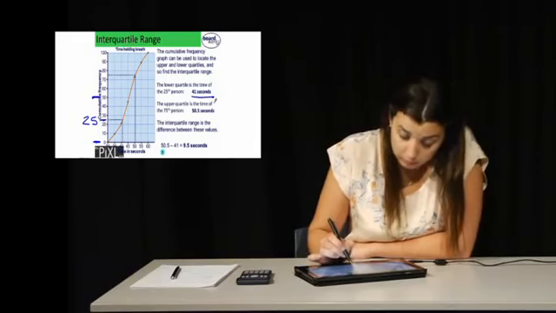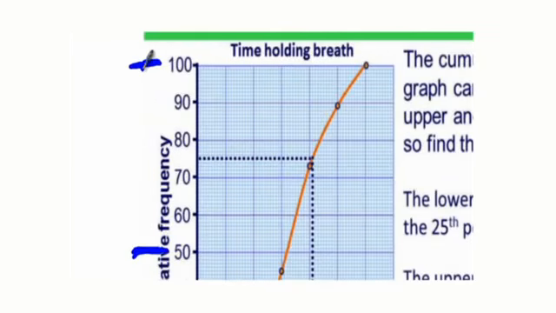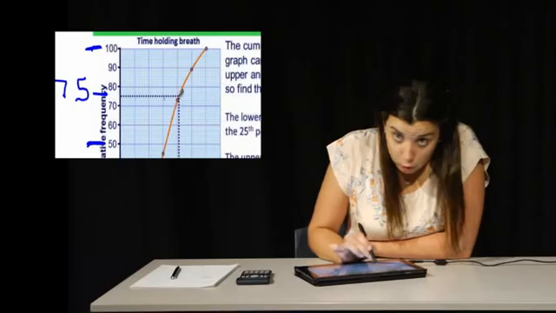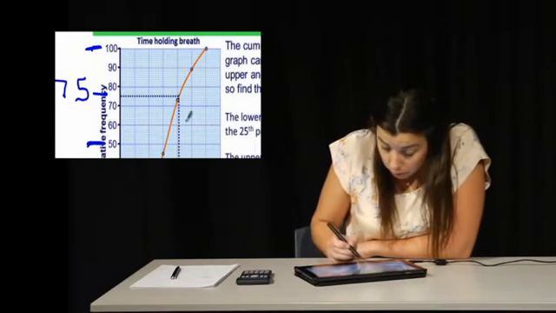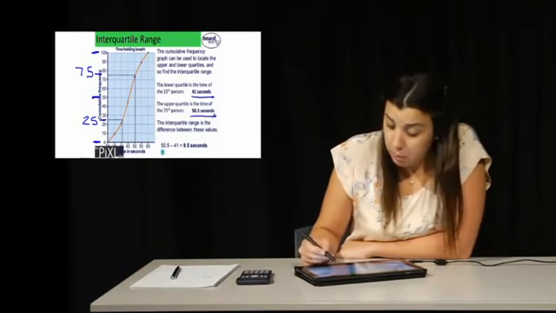The upper quartile is halfway between the total, 100, and our median, so 75, just here. Ruler across, ruler down, read off the value, and to be really precise, it comes out at 50.5.